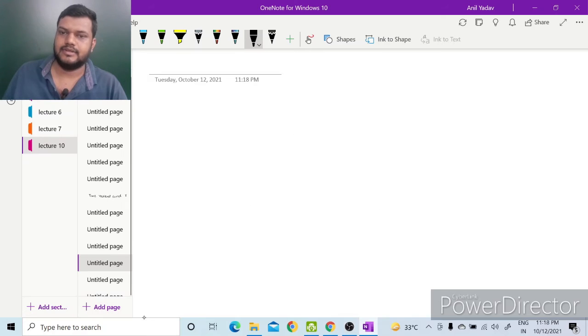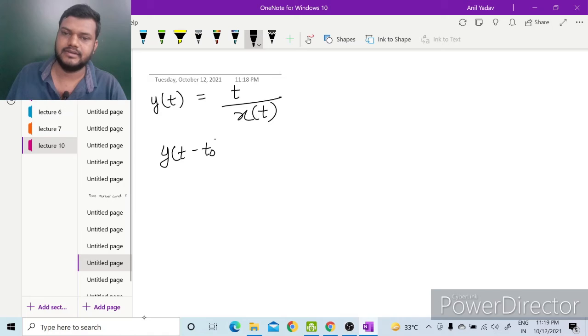Let us take another example. Let us say y(t) is t divided by x of t. Again we can see this will be time variant. Delaying by t naught, y of t minus t naught will be t minus t naught divided by x of t minus t naught.